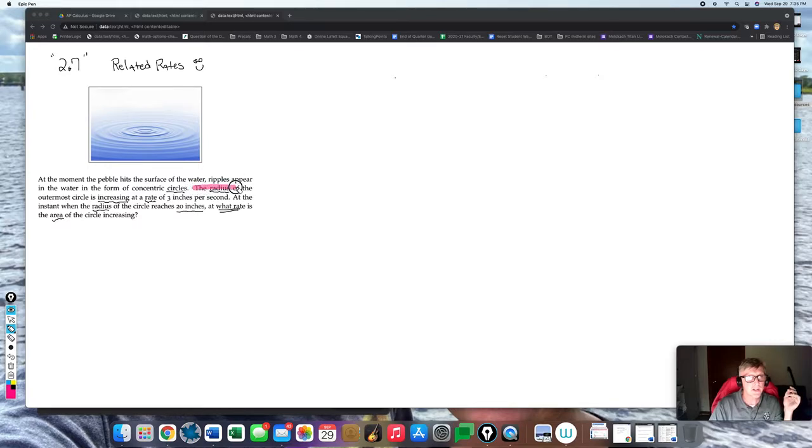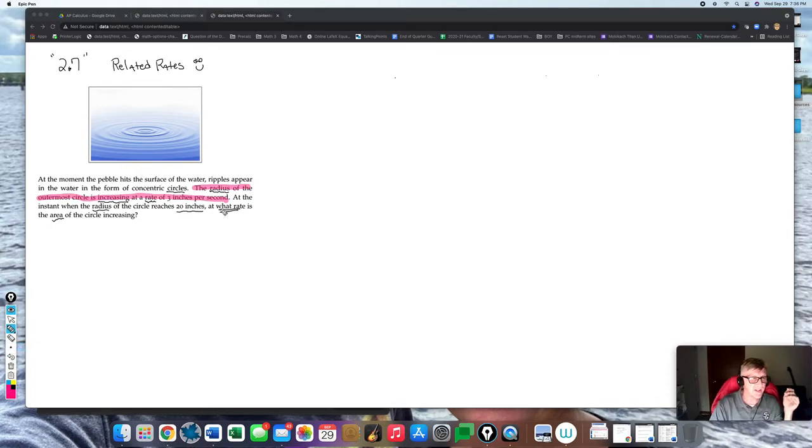The radius of the outermost circle is increasing at a rate of 3 inches per second. And what I want to do is write that in calculus language. The radius, let me redo that because I didn't want that to be that big.